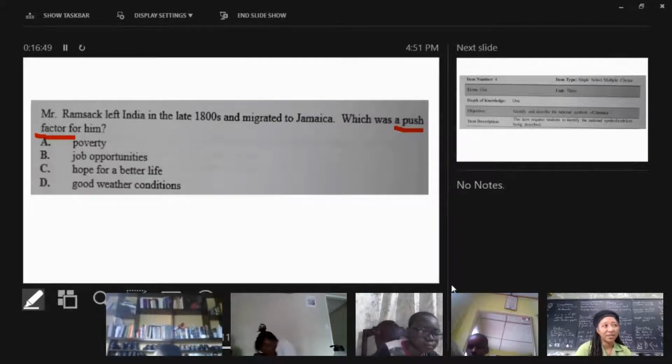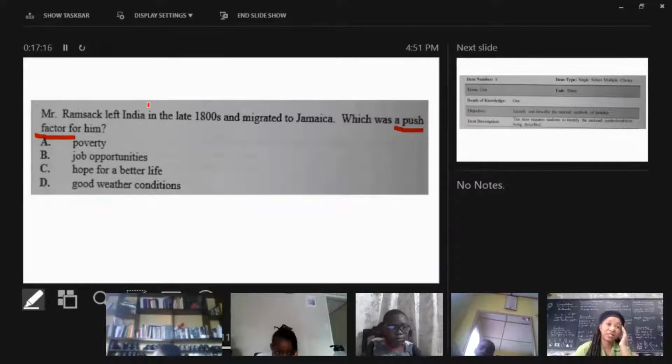And poverty means what? Antoine, what is poverty? Miss, poverty means it's like being poor, not having enough money. Okay. So if Mr. Ramsaks was poor in India, he would want to leave to go somewhere else to see what can happen.